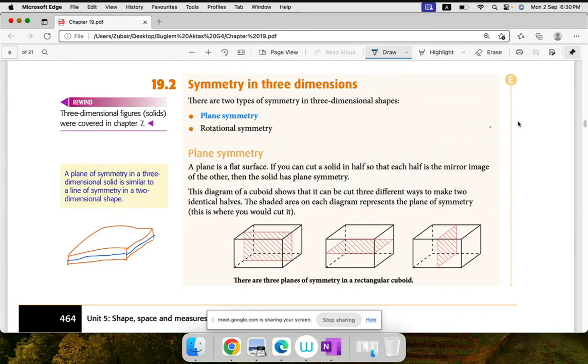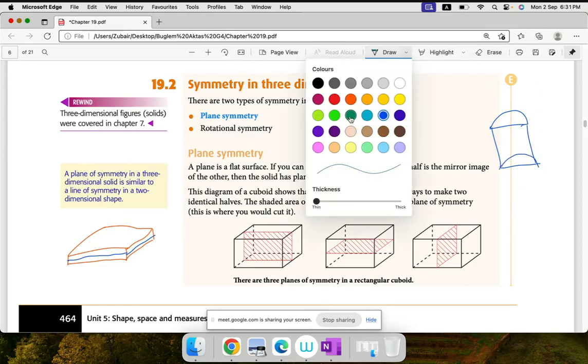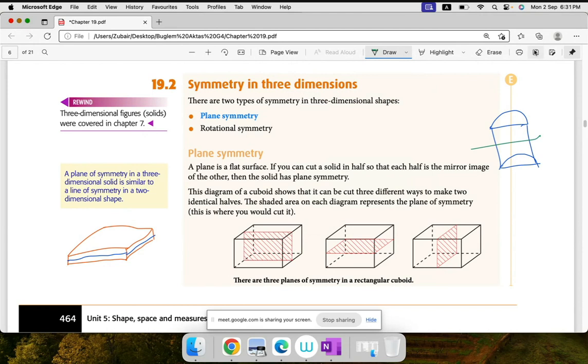For example, say I have a semicircle. How many lines of symmetry are there? There's only one. So if I just convert it into a 3D shape, then how many are there? That's a plus 1 because I can slice it in between now.